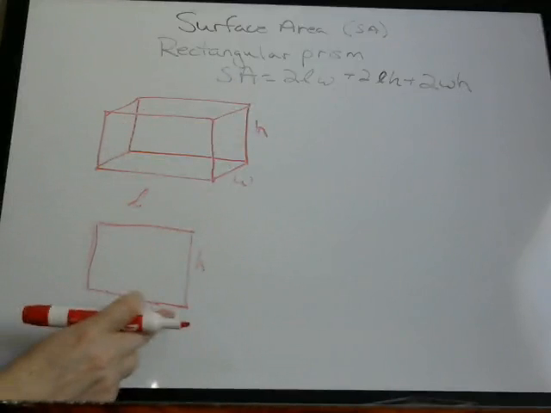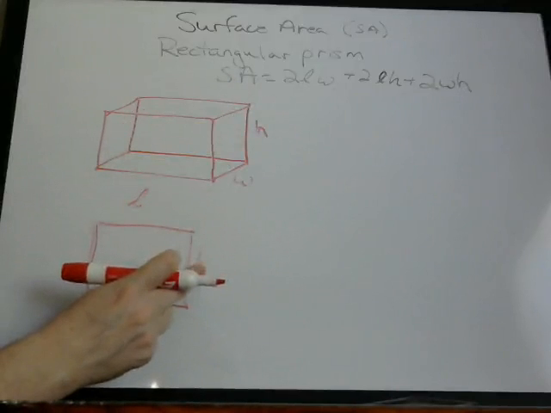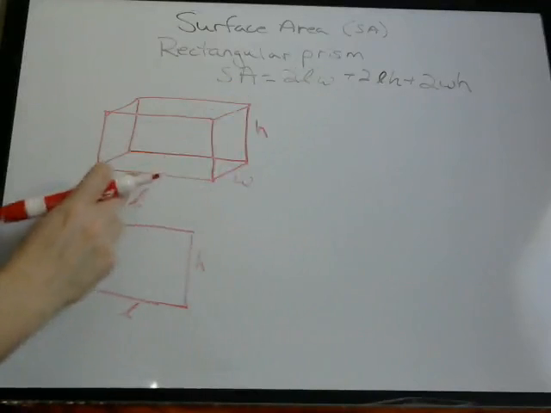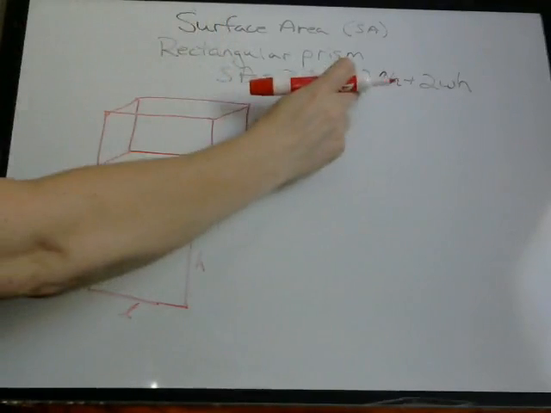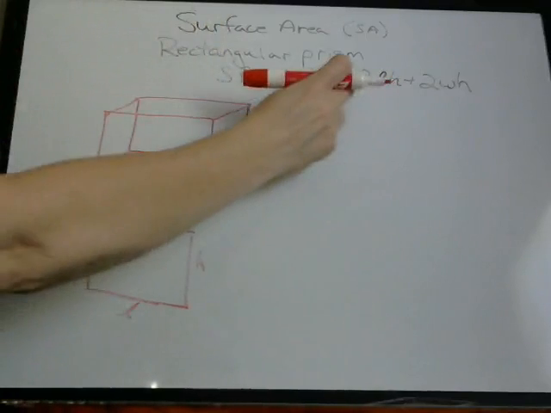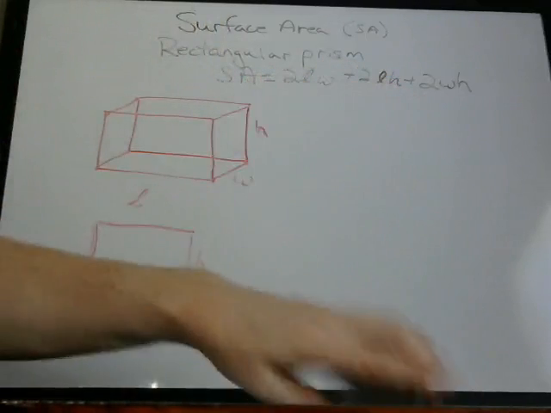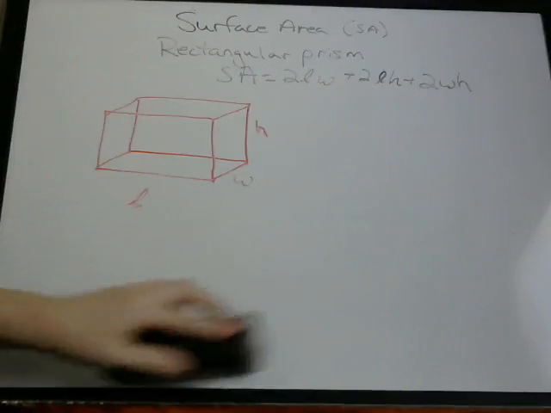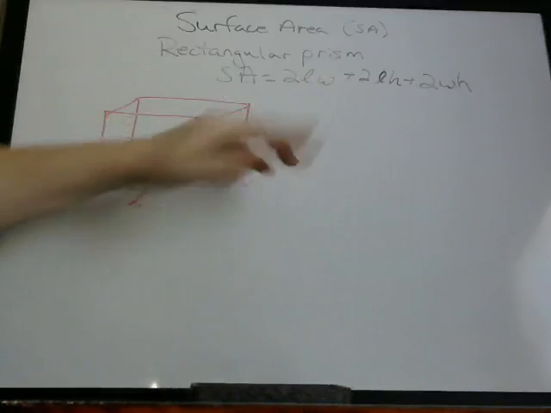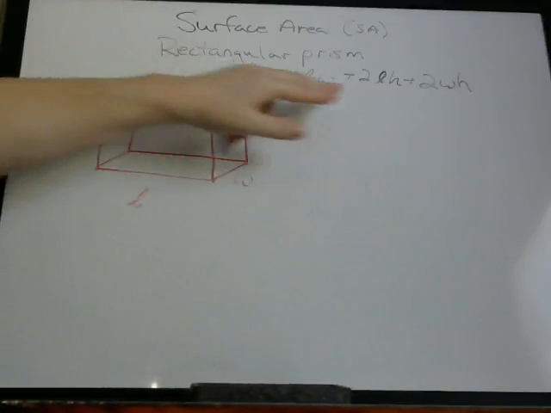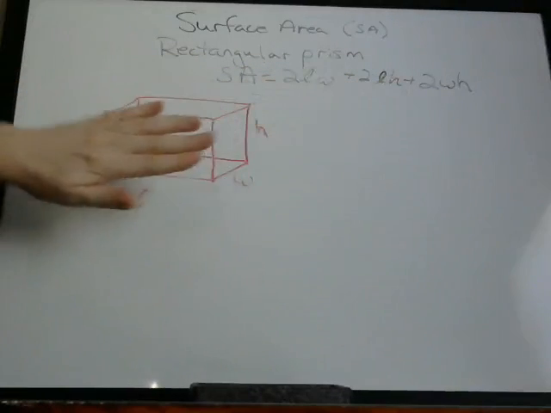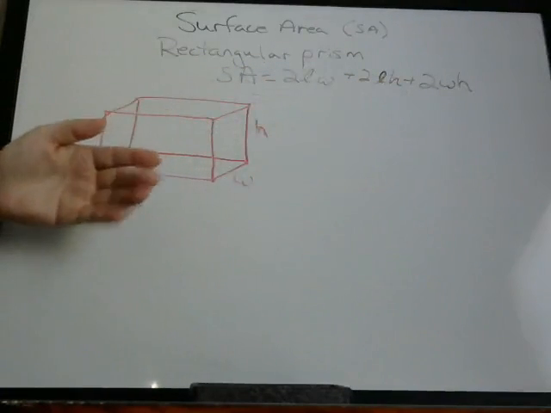So the area of this rectangle is length times height. We have the front face and the back face, so there are 2 of them. So we have length times height times 2. Up to this point, we have 2 times length times width, which gives us the total area of the bottom and the top, plus 2 times length times height, which is the front face and the back face.